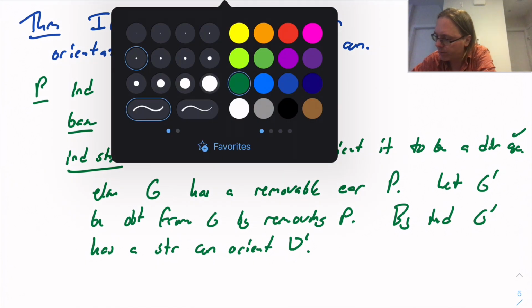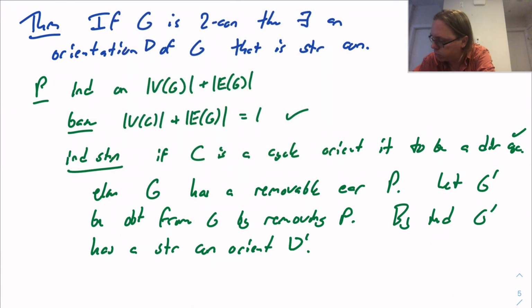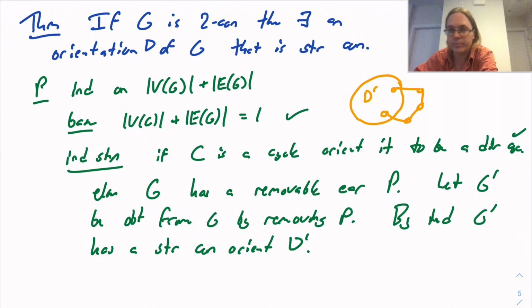And let me try and draw a picture here. So here's D prime. This is, again, the orientation of G prime, and we removed an ear, say P. I'm going to do what's probably the natural thing to do from here.